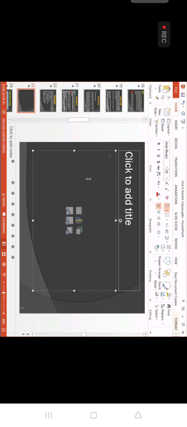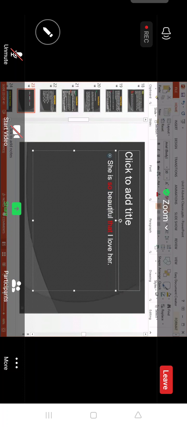Example: She is so beautiful that I love her. In this one, what can you see in the middle, everybody? We have "so" and we have "that". But what is in the middle?